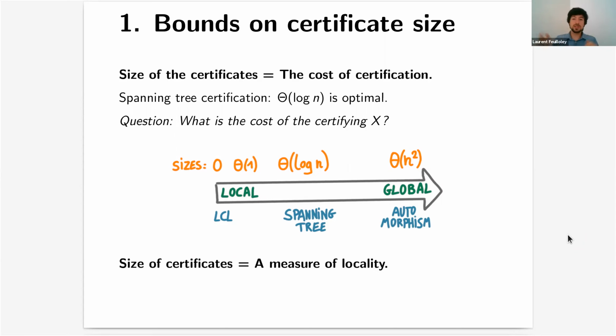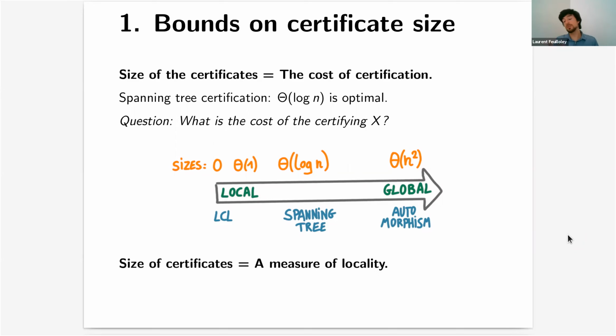And then you can classify these sizes on this kind of arrow. And here there is something very interesting, which is that on the left hand, where the sizes are small, you find properties that have the feeling of being quite local. For example, LCL, which corresponds to labels of size 0. So colorings and these things, they feel local and they have small certificates.